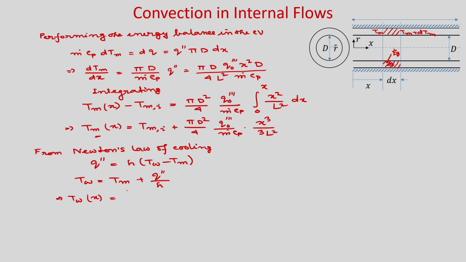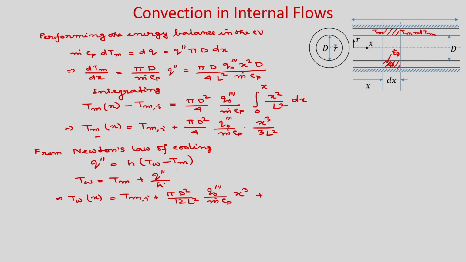Okay. So, T m x is your T m I plus pi d square by 12 L square q naught triple prime by m dot Cp, then you have x cube and q double prime by h, right.